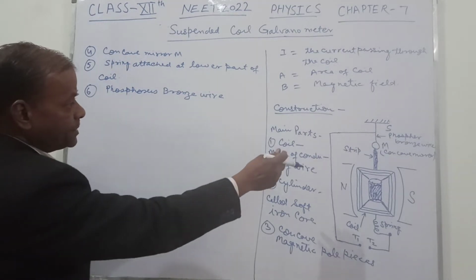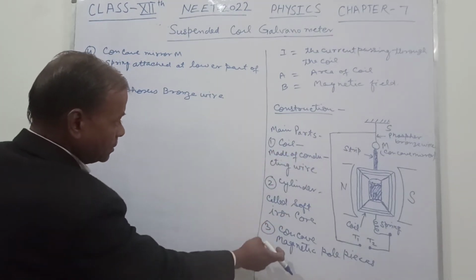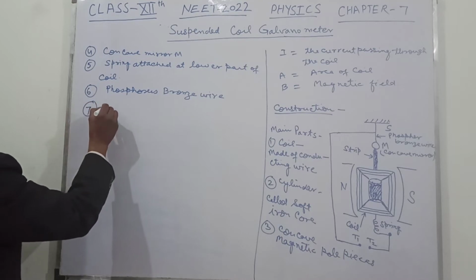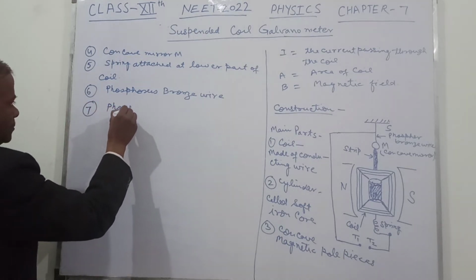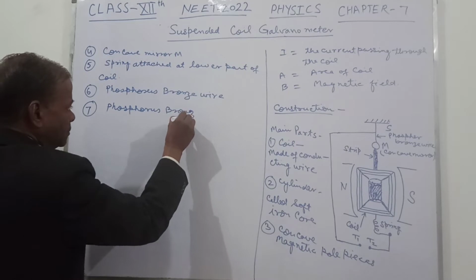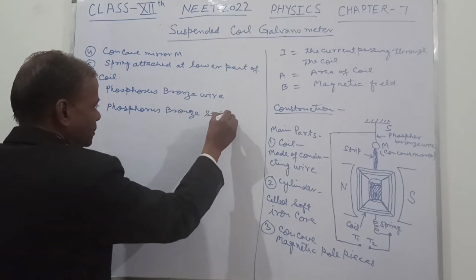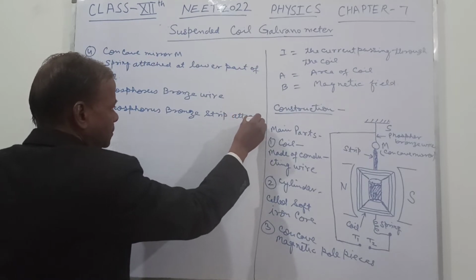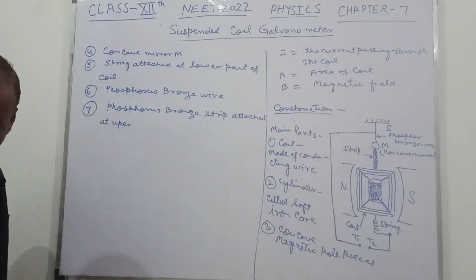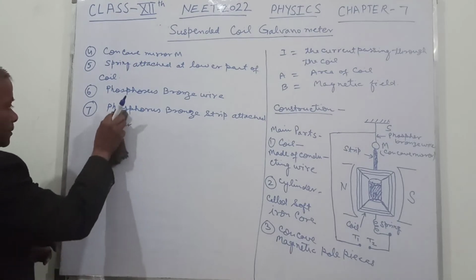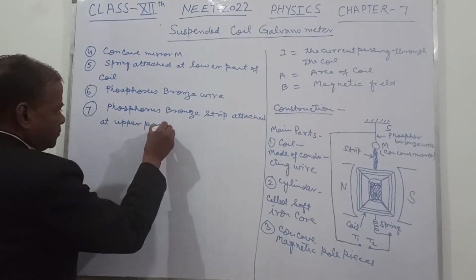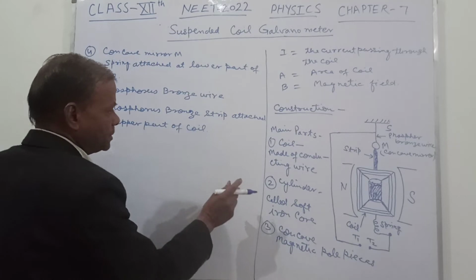And then we have this strip that I have told you here, the phosphorus bronze strip attached at the upper part of the coil. This is now the strip here.